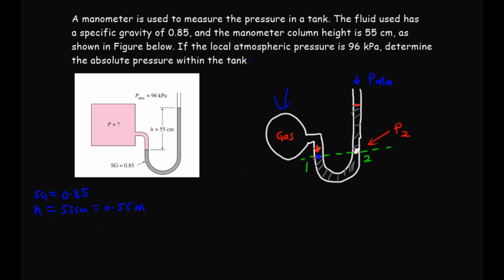And we are given the local atmospheric pressure to be 96 kilopascal, and we've been asked to determine the absolute pressure within the tank, which will be the pressure exerted by the gas molecules in this tank here. We already know that the pressure in this tank will be uniform, so the pressure at this point here will be the same as the pressure at any point in this container.